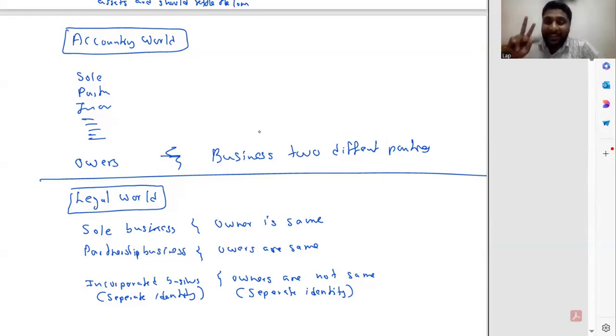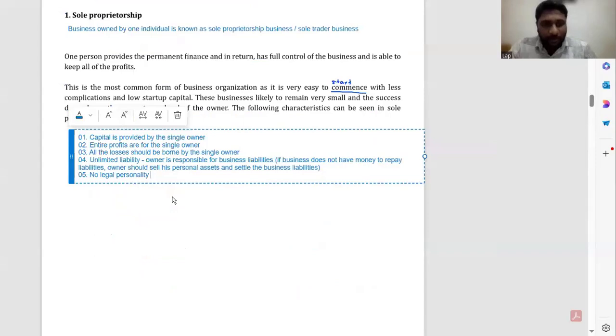So did you all understand the difference between having a legal identity and not having a legal identity? Yes or no? Good. So no legal personality. Personality means identity.